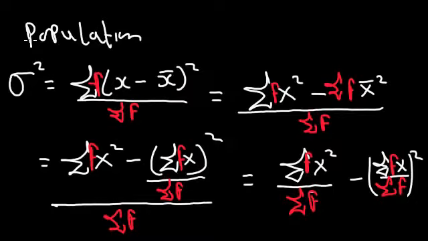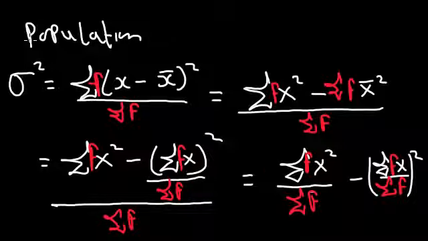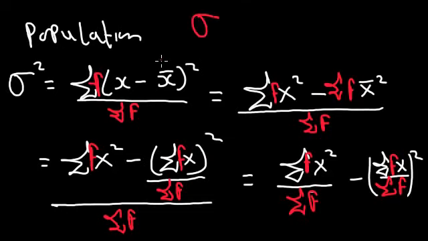However, before I discuss the sample variance, let me use that opportunity to branch into the standard deviation. For the population standard deviation, keep in mind that it is just equal to the square root of the variance. We often denote this standard deviation with the symbol sigma. Since it is the square root of variance, it will be the square root of sigma squared. And since square root cancels square, we are left with sigma.